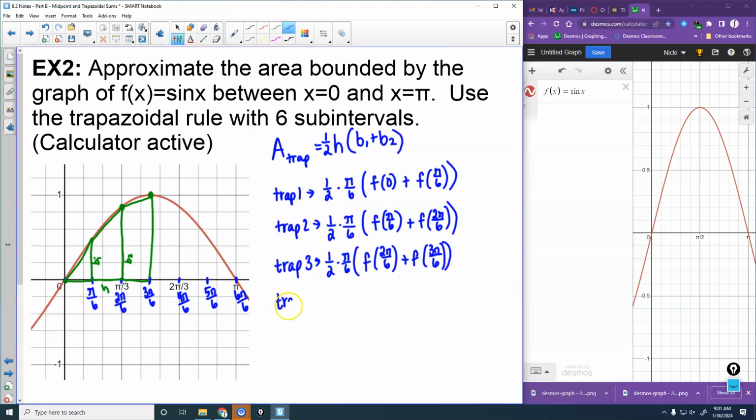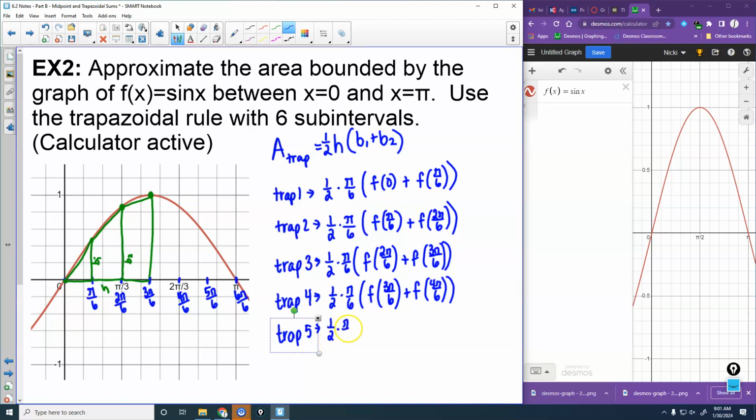And then I've got trapezoid number 4. That's 1/2 times pi over 6, and the left base this time would be f of 3 pi over 6 and f of 4 pi over 6. All right, and you should sort of start to see a pattern here where we can just kind of use that pattern to find the rest of these.